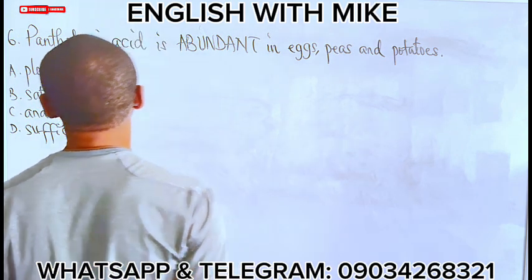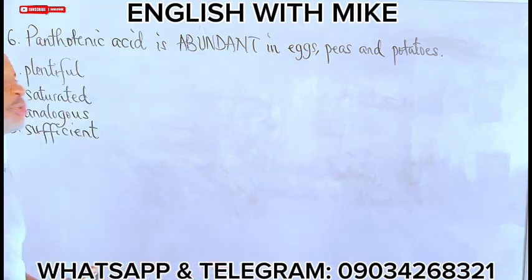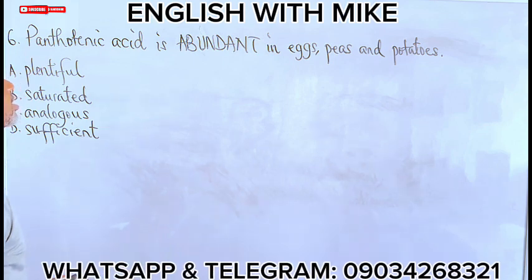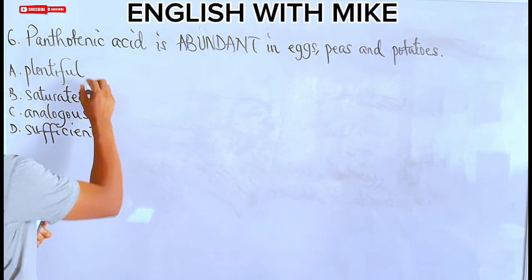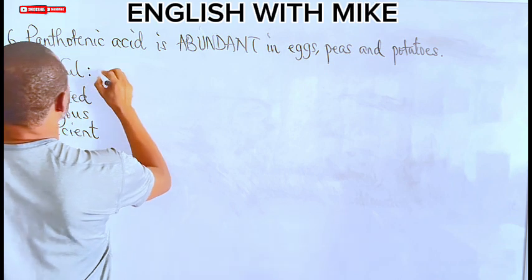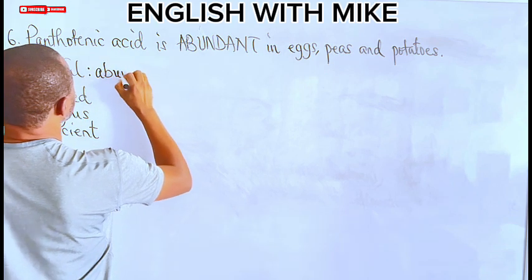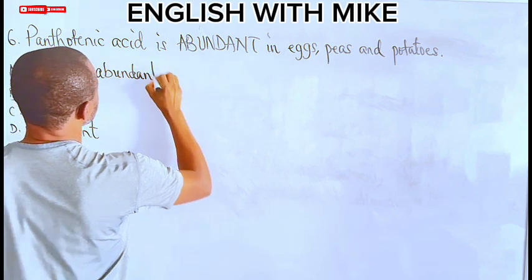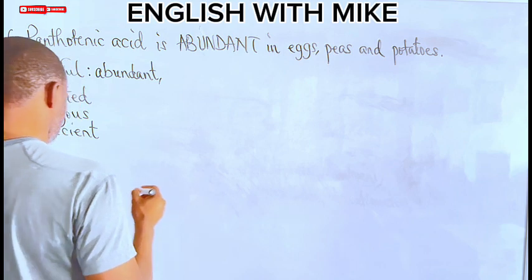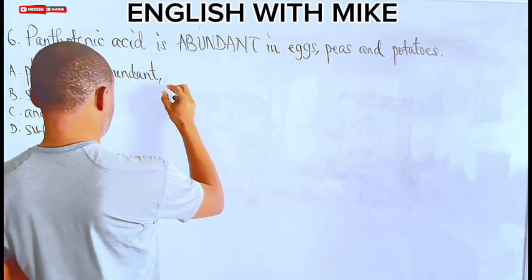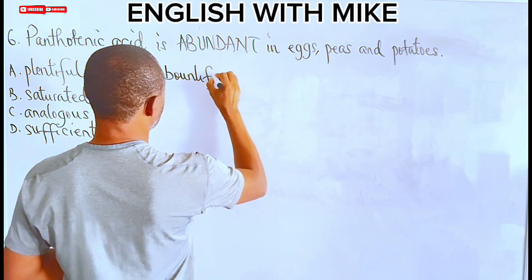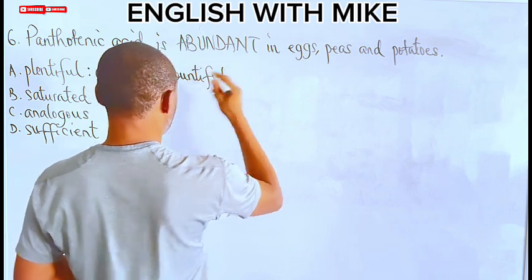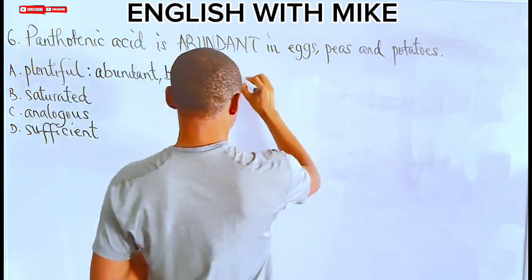All right. Are we good to go? What's your choice? What does abundant mean? Let's begin with plentiful. It means abundant, right? Abundant. That is bountiful. Bountiful, ample.